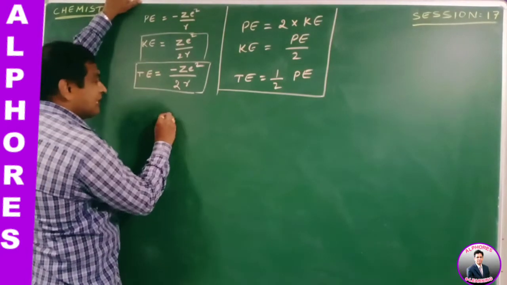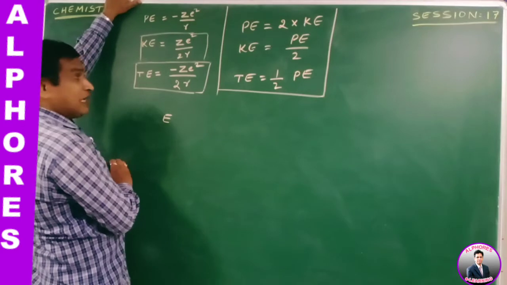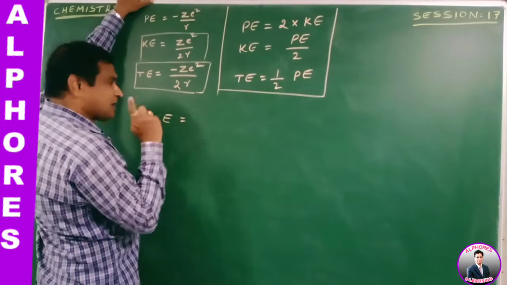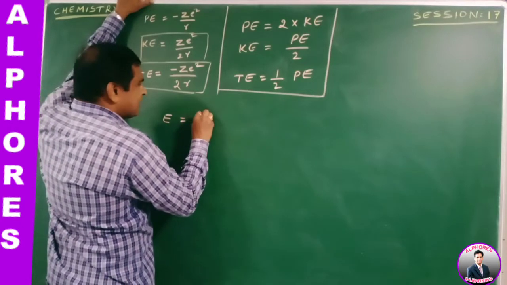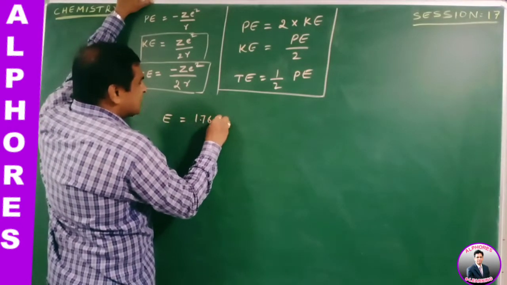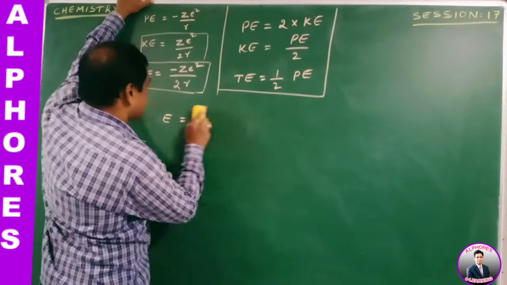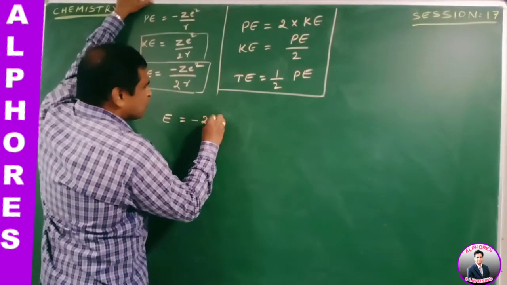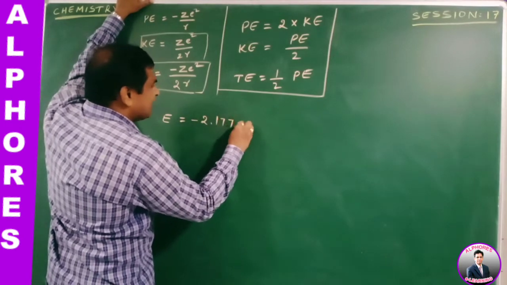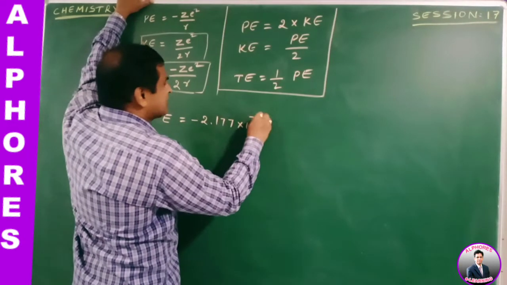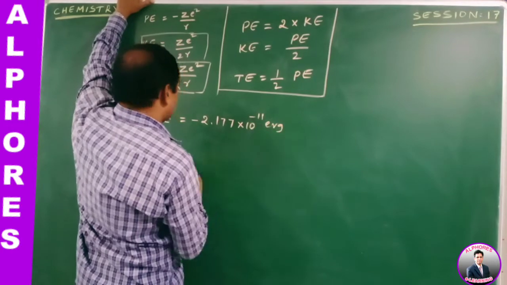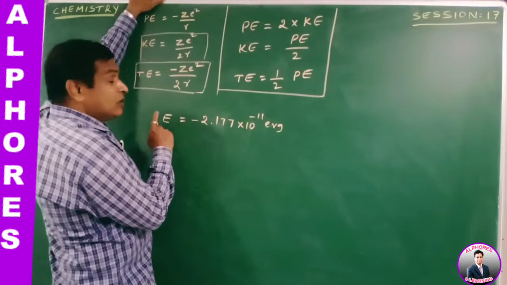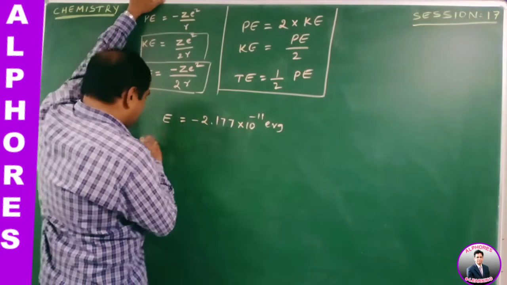The energy of an electron is minus 2.177 into 10 to the power minus 11 ergs. Okay, that is the energy of the electron in an orbit.